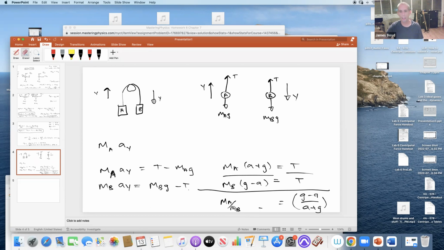I'm just doing this a fast way so that I can do the quick solution. However, what you could do is actually plug this in this way: m_A (a plus g) is equal to T, which is equal to m_B (g minus a), since those two things are equal, and then you will get the same thing. However you want to do that algebra, we're trying to find m_A.